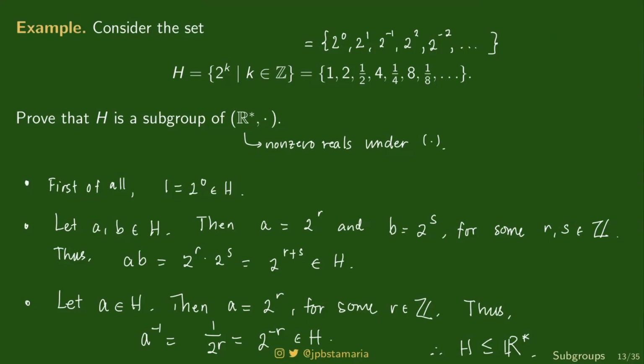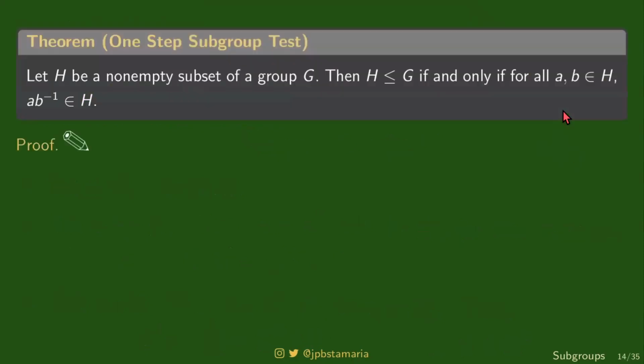The truth is, sige na, hindi ko na kayo ipapahirapan. The truth is, there is a 1-step subgroup test. Ito kasing 1-step subgroup test na ito, you only need to perform 1 step in order to prove that H is a subgroup. Basahin natin yung 1-step subgroup test.